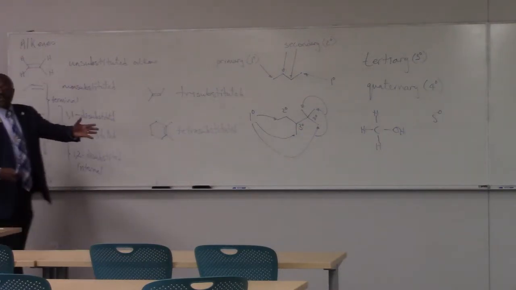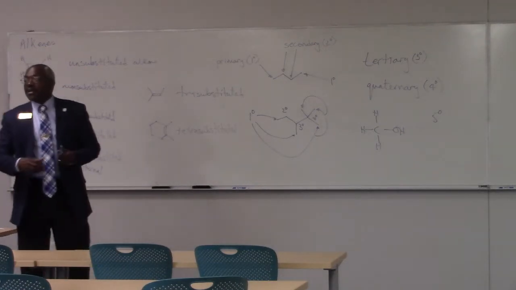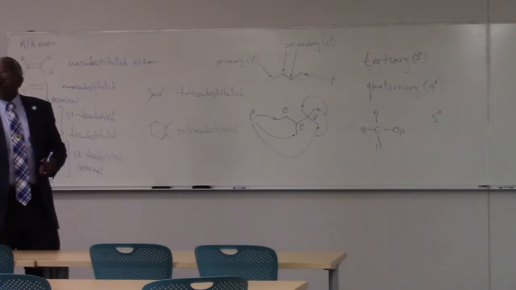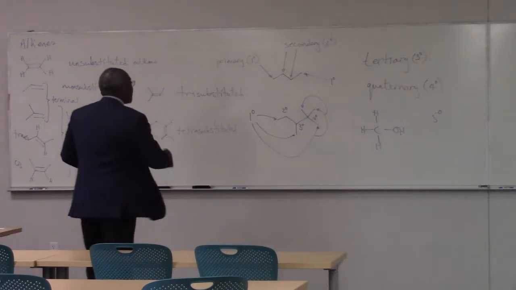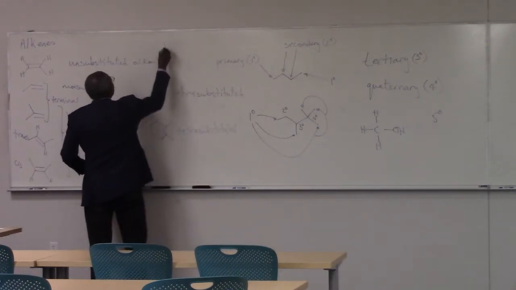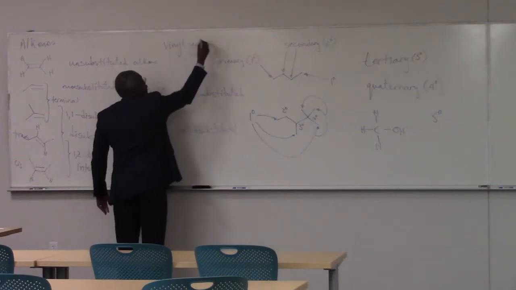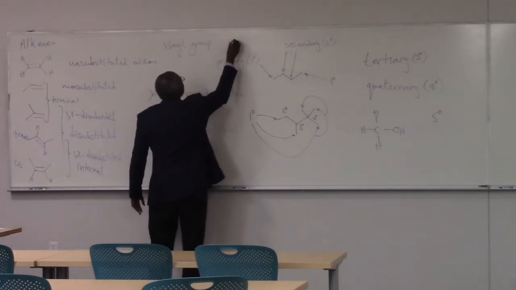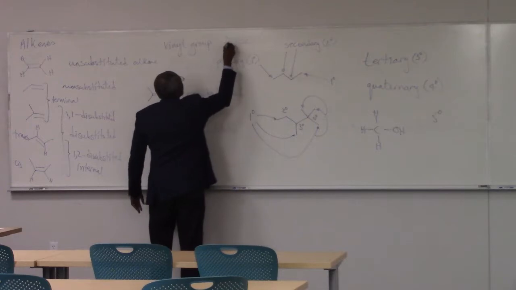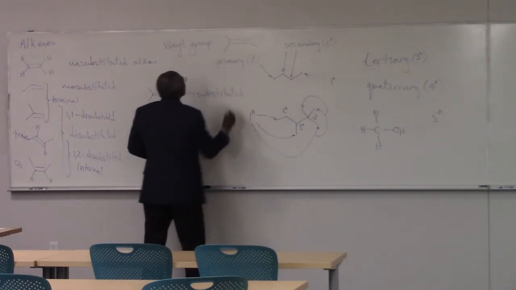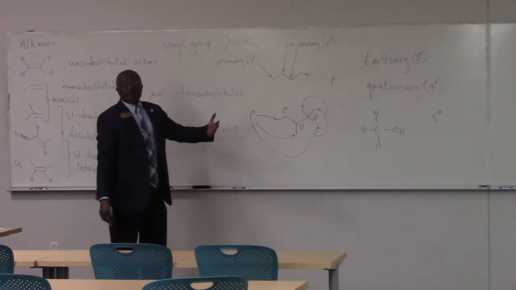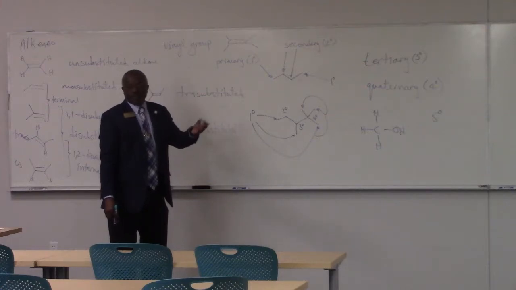So alkenes are another class of organic compounds. They contain the carbon-carbon double bond unit, which is called the vinyl group. So the vinyl group, which is a functional group of alkenes, is C double bond C. The carbons in the vinyl group are called vinyl carbons. Some people call them vinylic carbons.